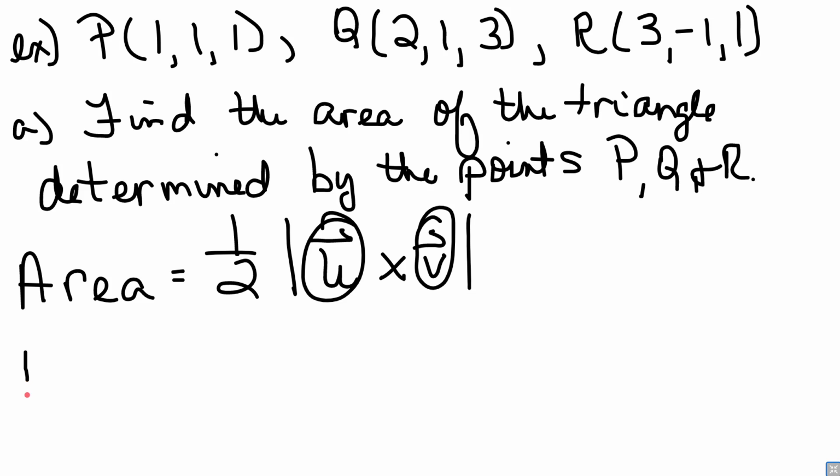So we need to create a vector, let's do PQ, and a vector PR. Notice I'm keeping the same start point, but a different end. And that's going to give us two sides. That's creating a vector for two sides of this triangle. And that's all we need.